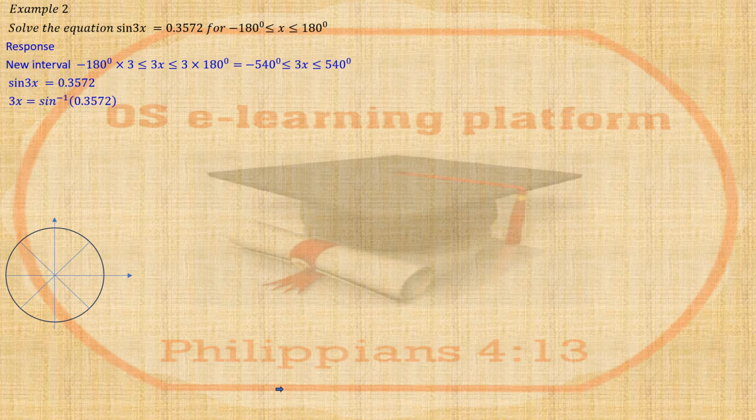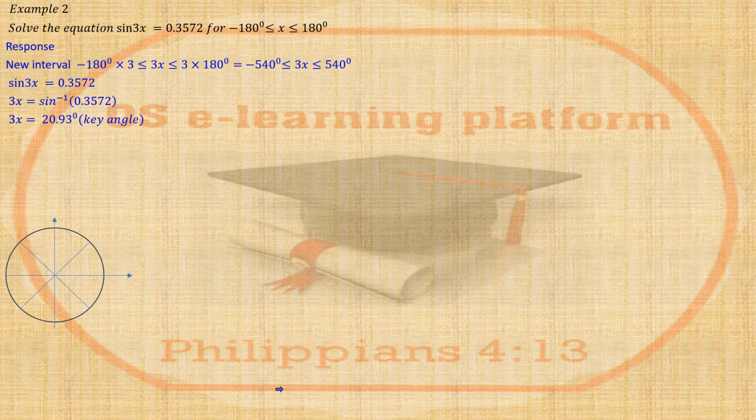So as usual, I remain with 3x this side. I take sine inverse. Guess what? I will get my key angle. Why am I considering the key angle? First and foremost, the range given is including even negatives.